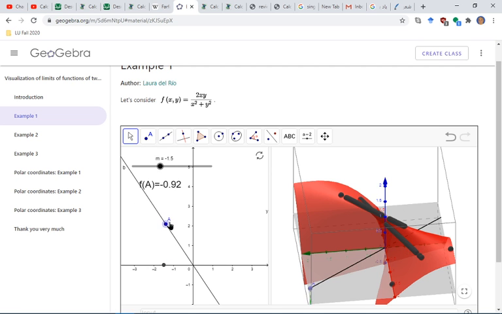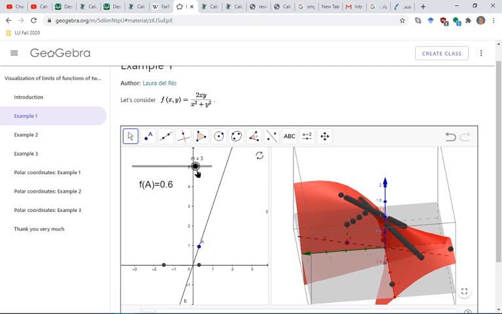If I approach the origin along this, the graph is below the surface, so let me just stick to the positive, like here, m equal to 3.5. If I approach the origin, you notice I'm going to a different location.